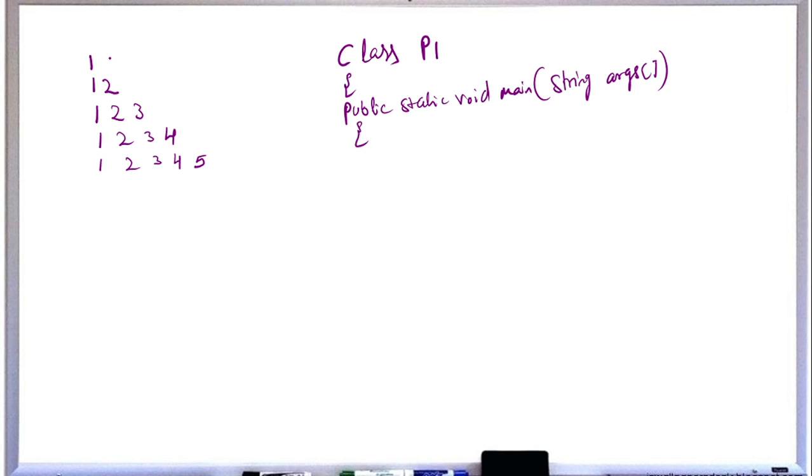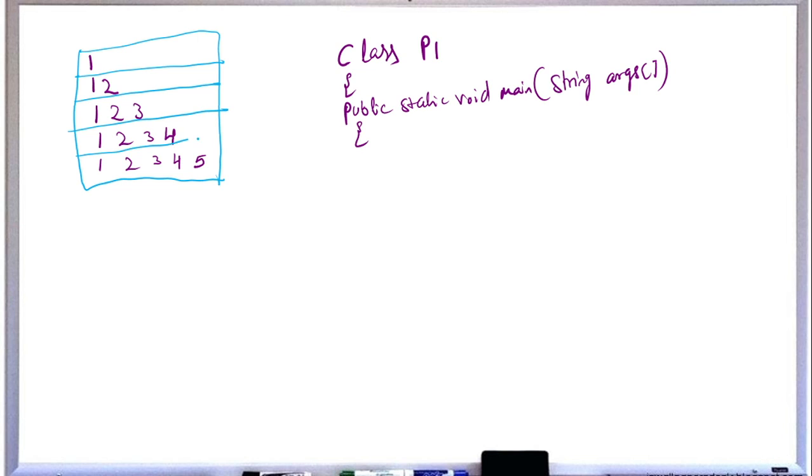The easiest way to write logic for this pattern is to divide it into rows and columns. So first I am dividing this pattern into rows and columns. Now one row, two rows, 3 and 4.